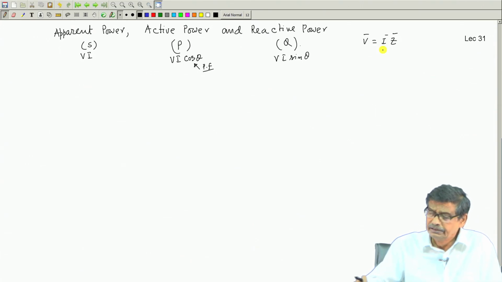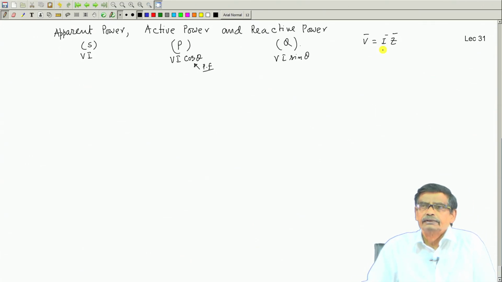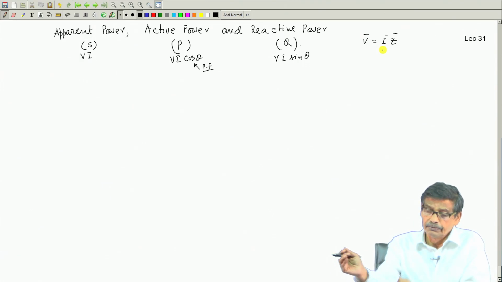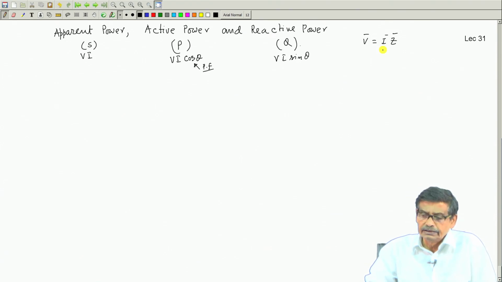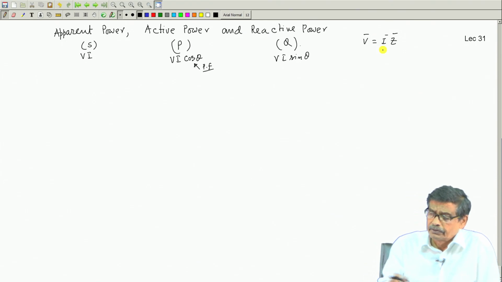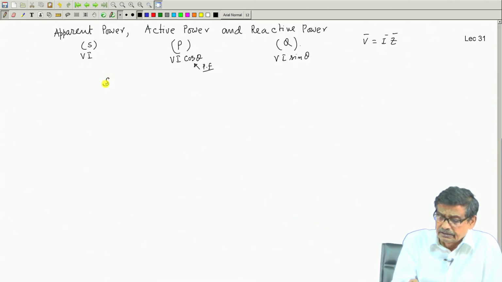So if this is true, then I can do anything which I did with DC circuit analysis with V equal to I R, except that these are complex numbers. Similarly, while making a power balance in an AC circuit, we see that power consists of S equal to P plus j Q.